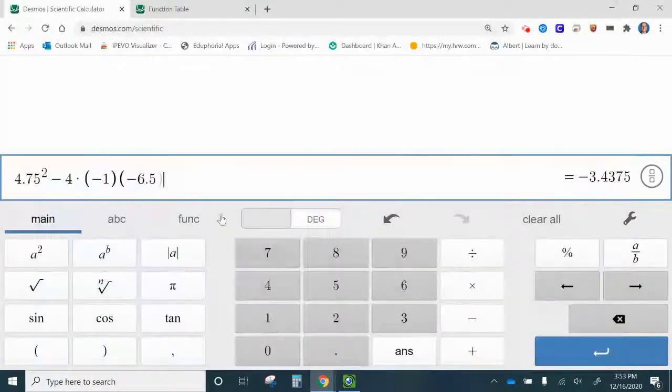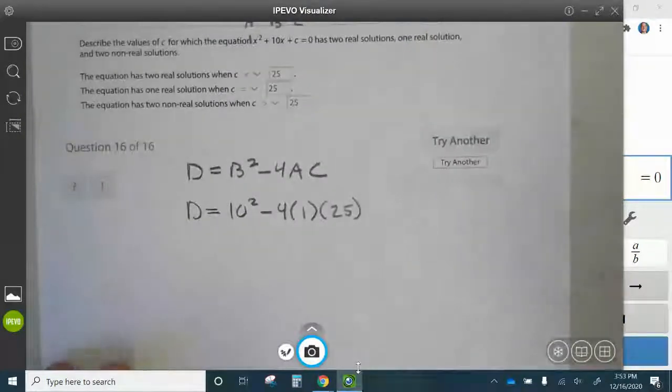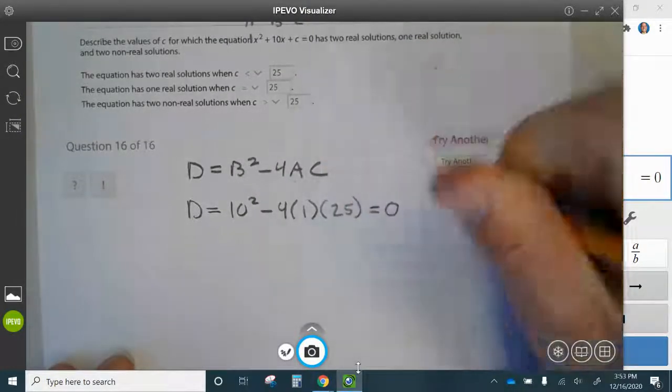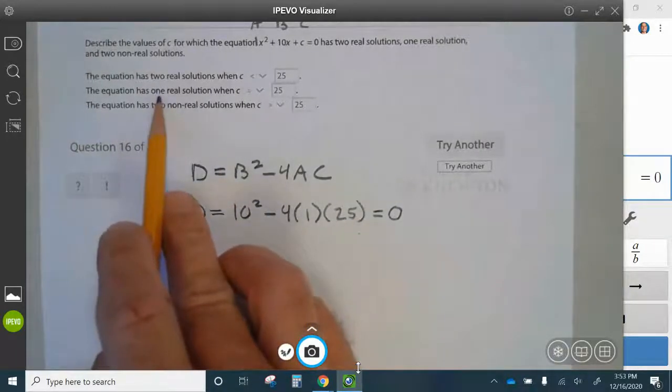All right, so we put that in decimals. So 10 squared minus 4 times 1 times 25 is 0. So when c is 25, the discriminant equals 0. So then that's one real solution.